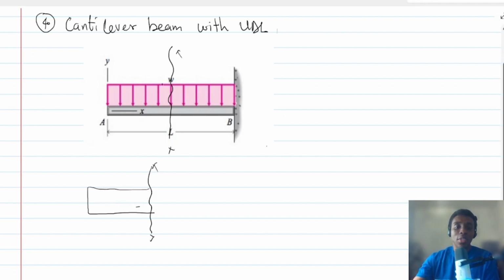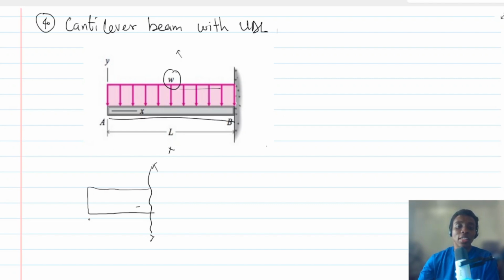So the intensity here is W, which is acting across. All right. So if I want the actual load, then I'm going to multiply this load by the length.